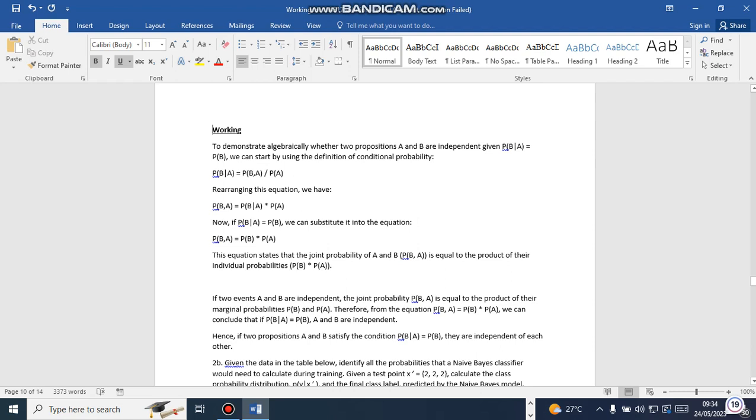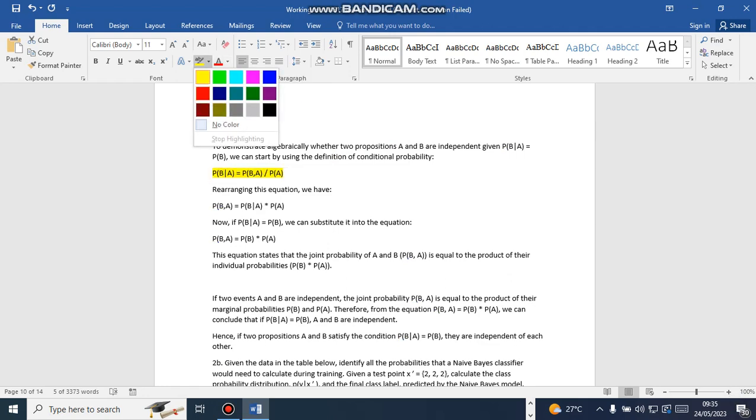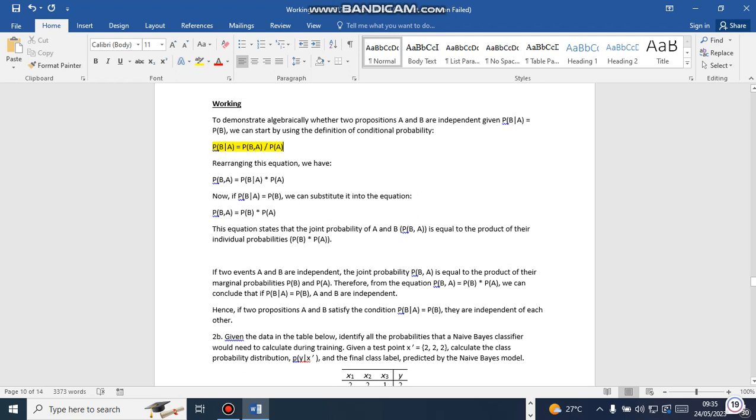These are the steps to arrive at the desired condition to prove this event to be independent. To demonstrate, we have to consider, number one, that the probability of B given A is equal to the probability of B and A over the probability of A. From here we can rearrange this equation.